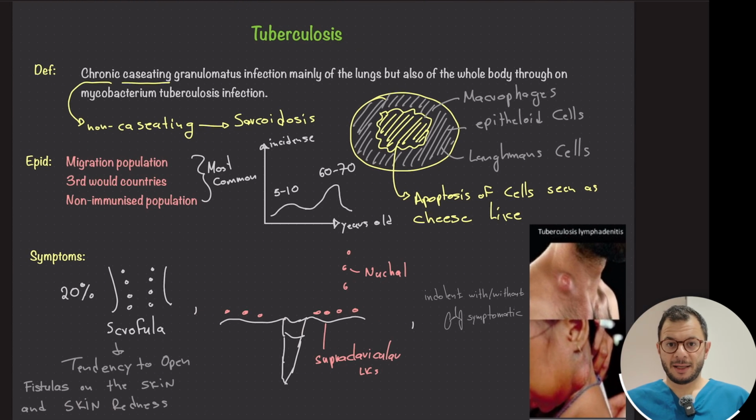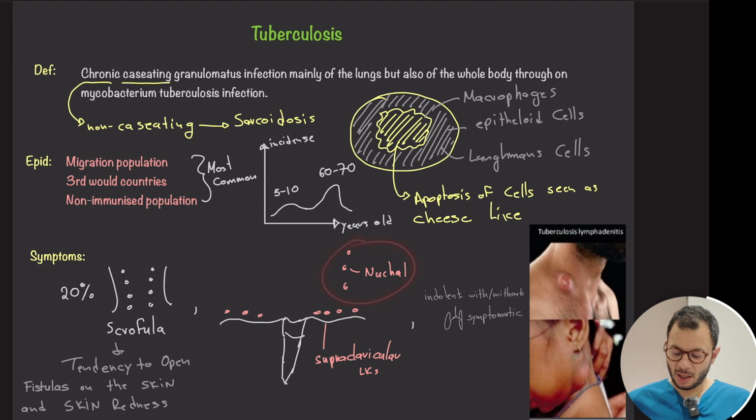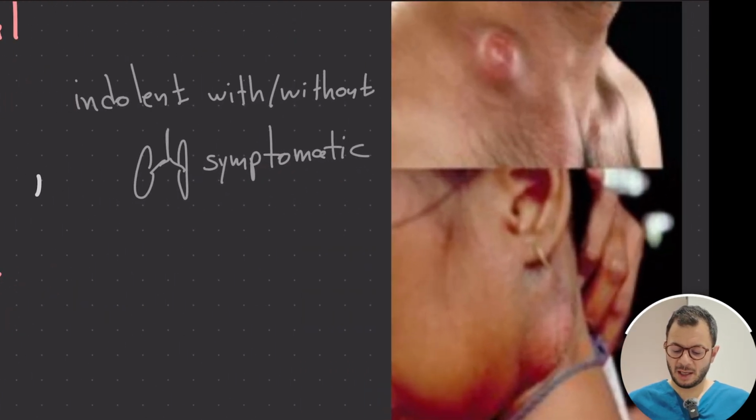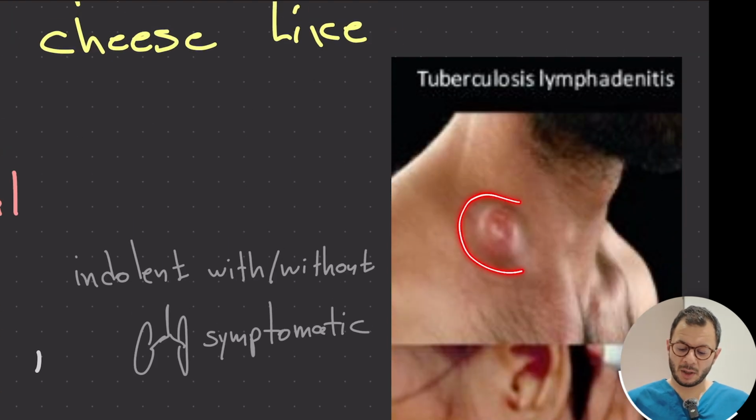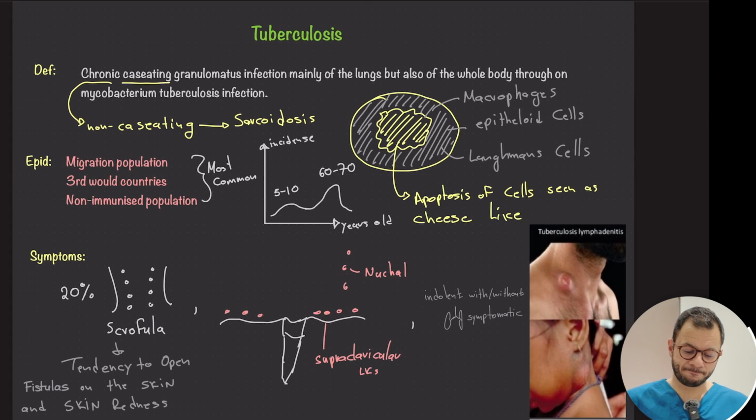Now, they tend to occur in the supraclavicular region or the nuchal region of the neck. Here we see a child having a lymph node manifestation with a fistula formation in the nuchal area, and here we see a young adult having the manifestation of the lymph nodes in the supraclavicular area.